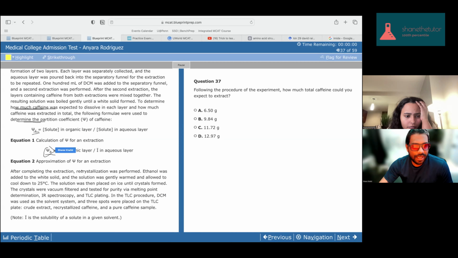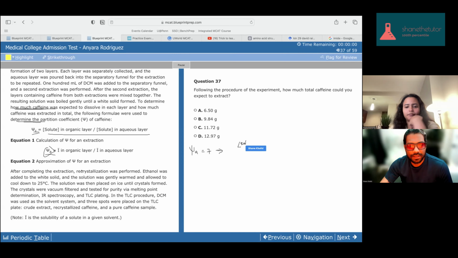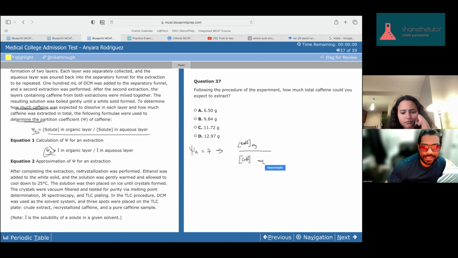So this is the solute or caffeine concentration in the organic layer over the caffeine concentration in the aqueous layer, and that's equal to 7.